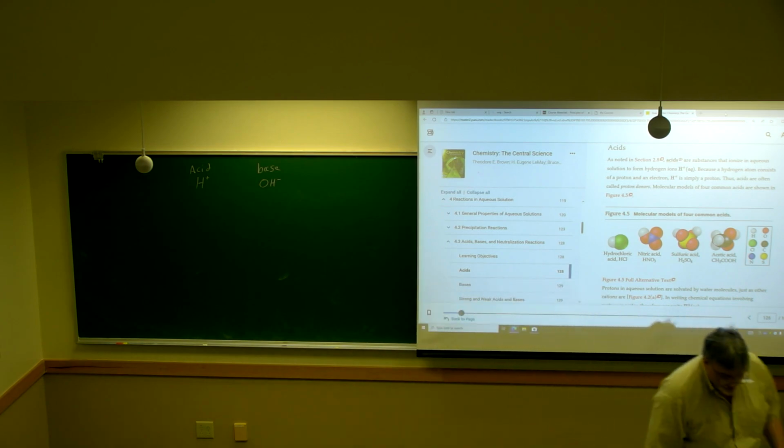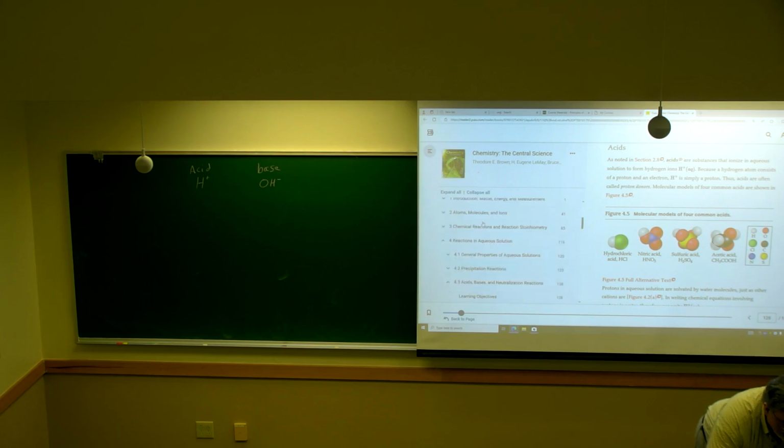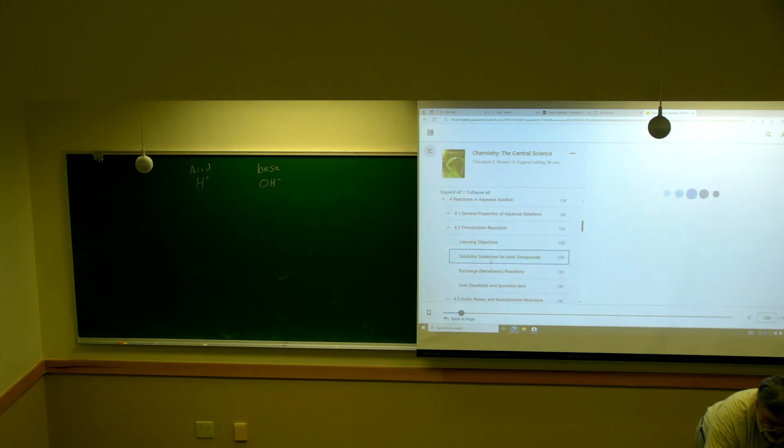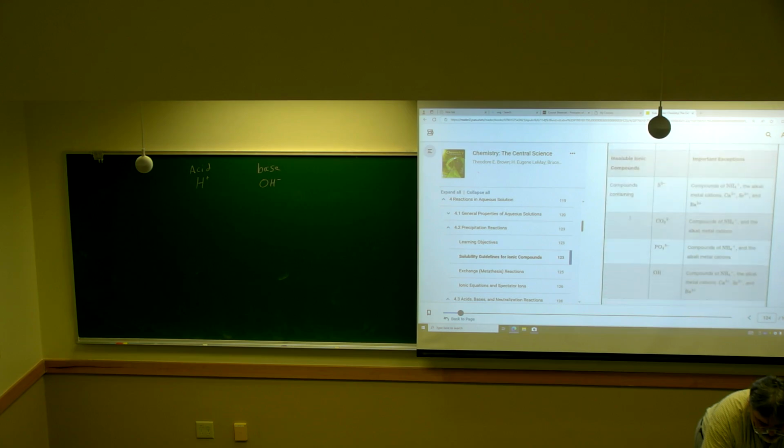And having said that, these are essentially ionic. Let me go back to the solubility guidelines. This chart, let me point out, there's the OH.